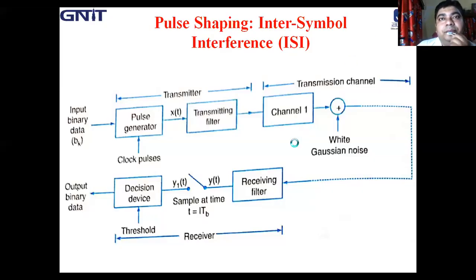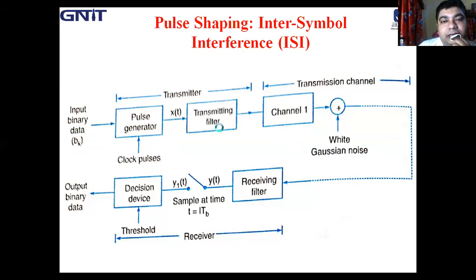This is the basic baseband binary data transmission system. Here, the input binary data, which is denoted as bk, goes to the pulse generator, where a square pulse is generated and denoted as x(t).